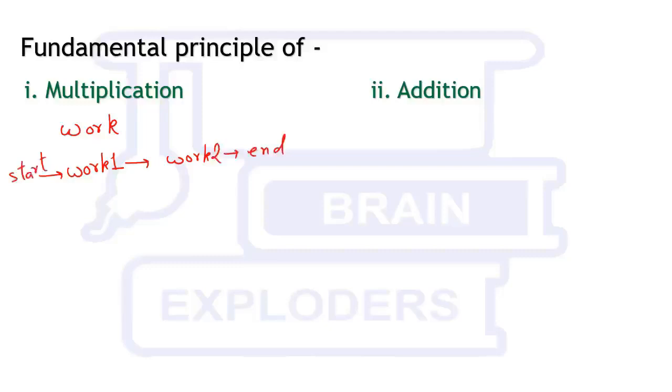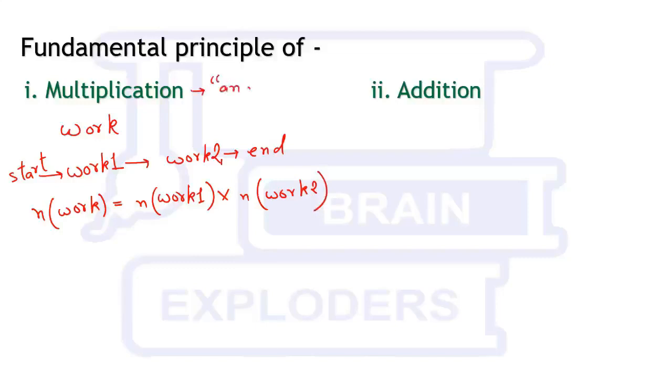Here the total number of ways to do our work will be equal to the total number of ways in which work 1 can be done multiplied by the total number of ways in which work 2 can be done.